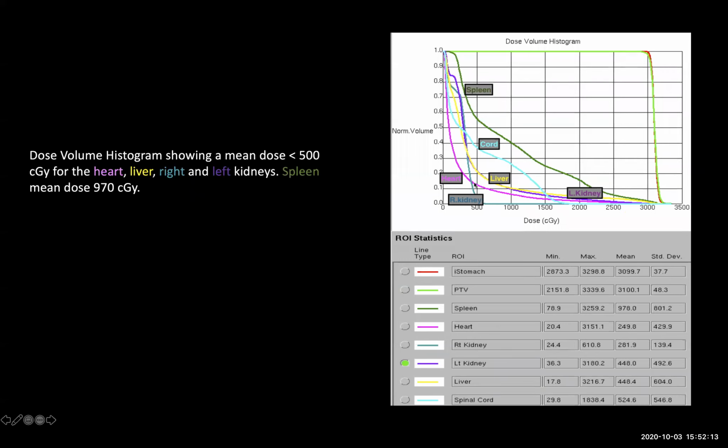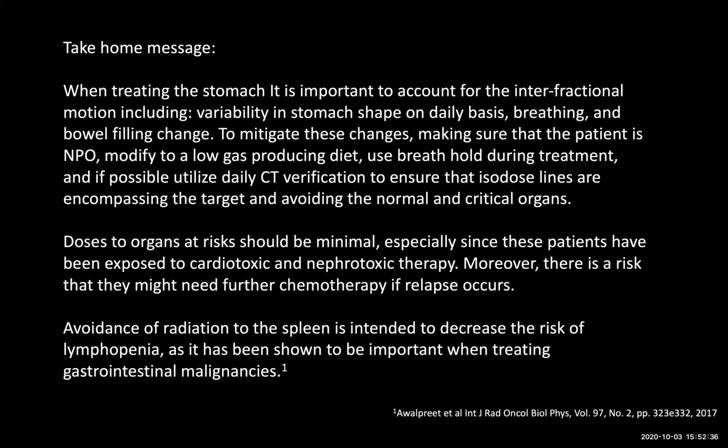Even if I see a 10 gray in the heart, remember that that 10 gray will be divided over the 3 weeks of the course of treatment. So therefore, on daily basis, it's not that the patient is getting 10 gray at 2 gray per fraction. It will be a 10 gray at less than 1 gray per fraction. And that is one of the benefits of using IMRT.